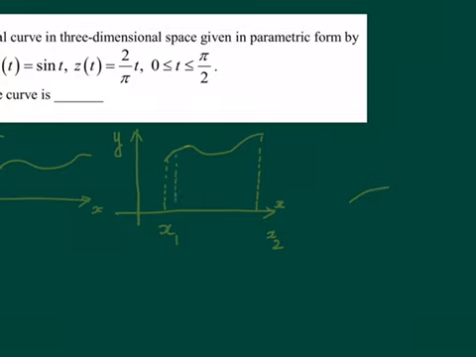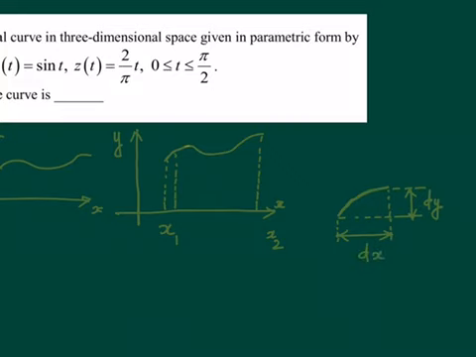I'm taking it out and drawing it, exaggerating it. Let's say this is distance dy, the small change in your y coordinate, and this is the small change in your x coordinate.